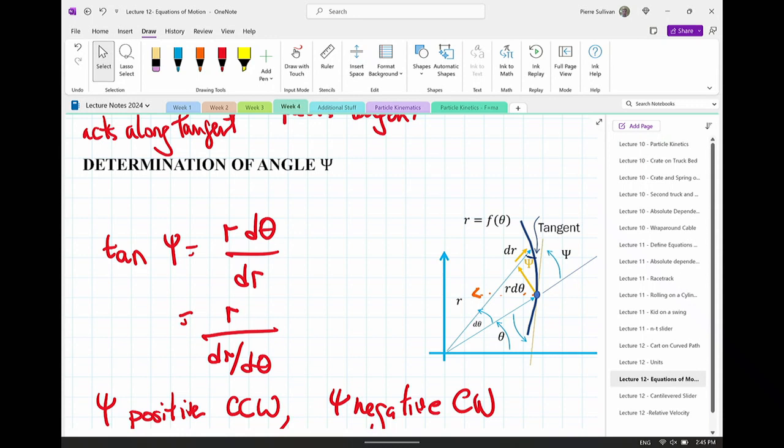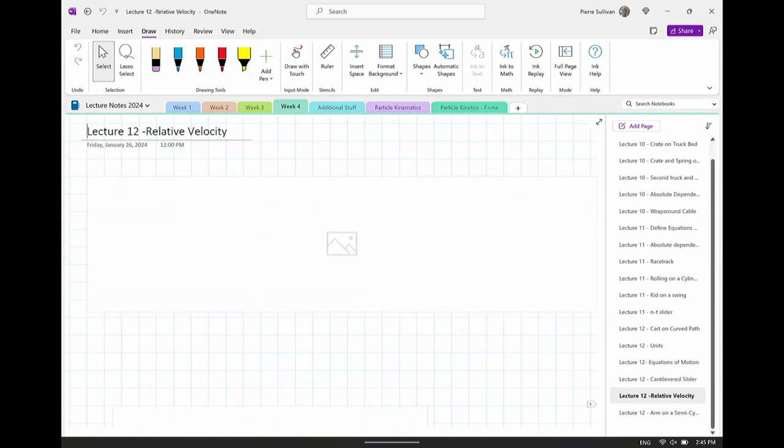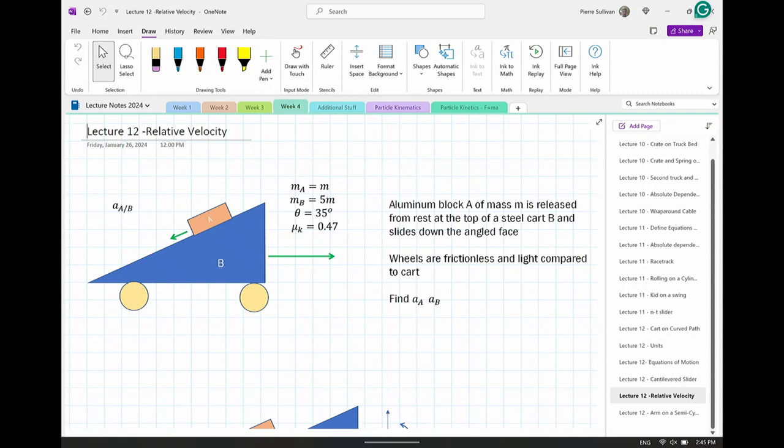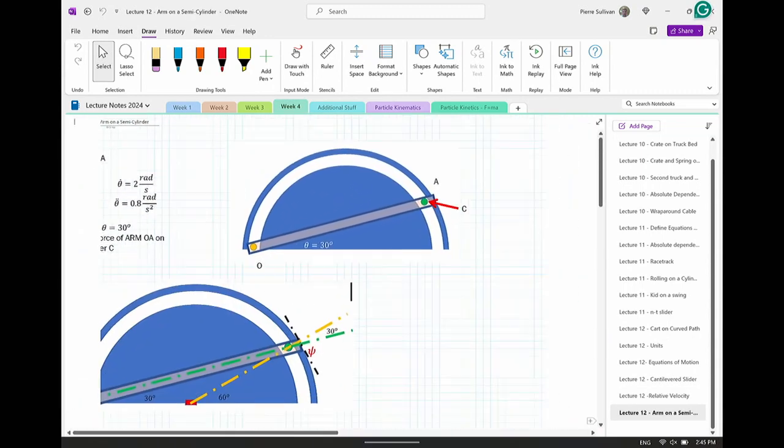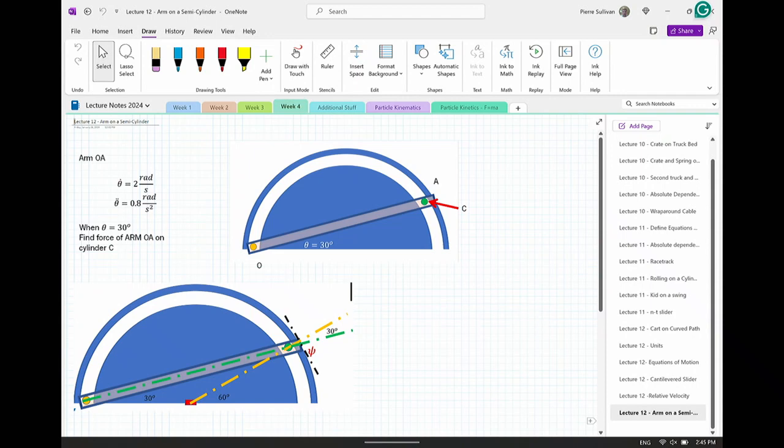Okay, let's do this one. I'll probably regret it. Cantilever cylinder, relative velocity, arm on a semi-cylinder. Let's look at one that does do this. Here I have a system that consists of an arm which is pinned at point O and is open all the way through.